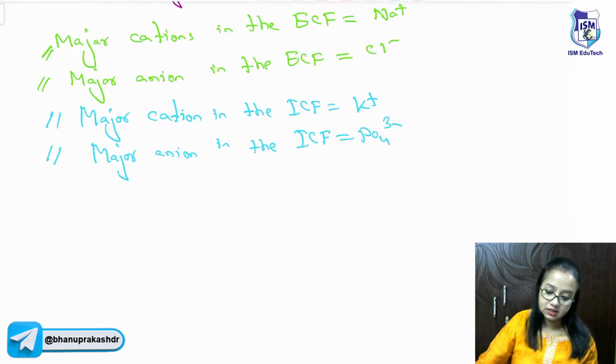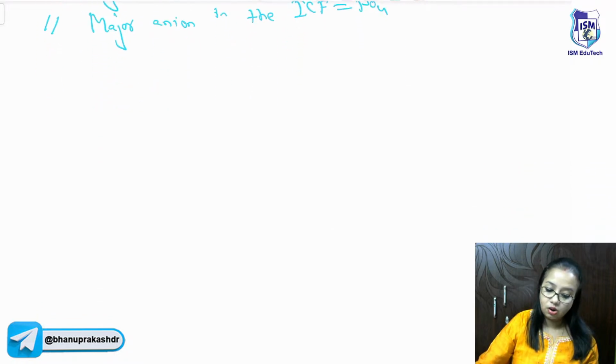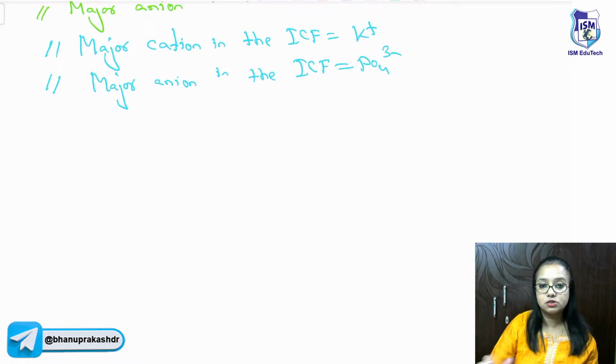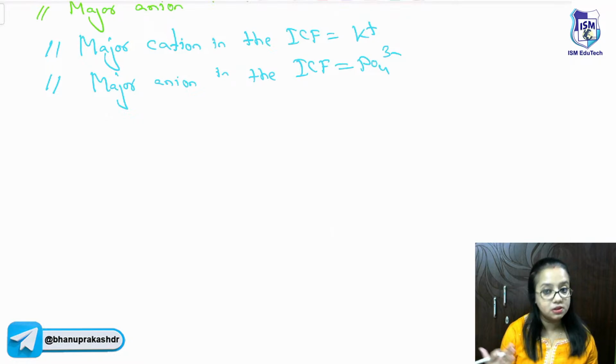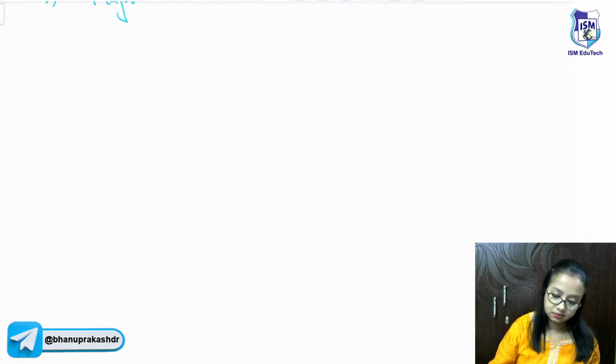So you see there is an unequal distribution of the body fluids across the cell membrane, and this is the basis of our resting membrane potential, which we will study in the next class.